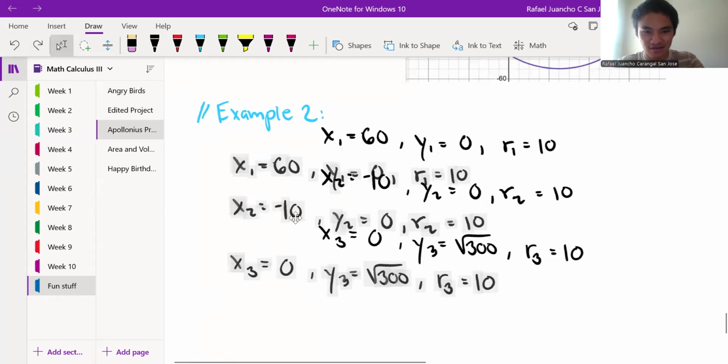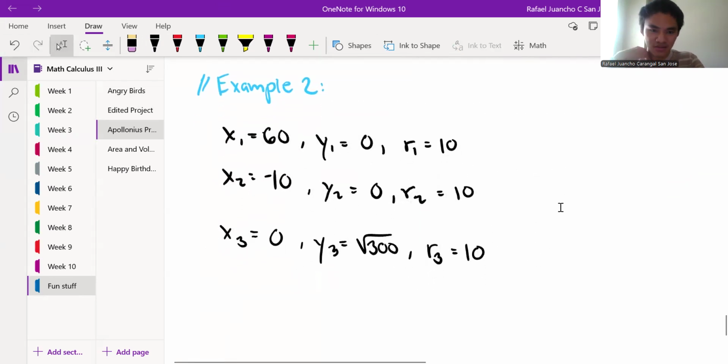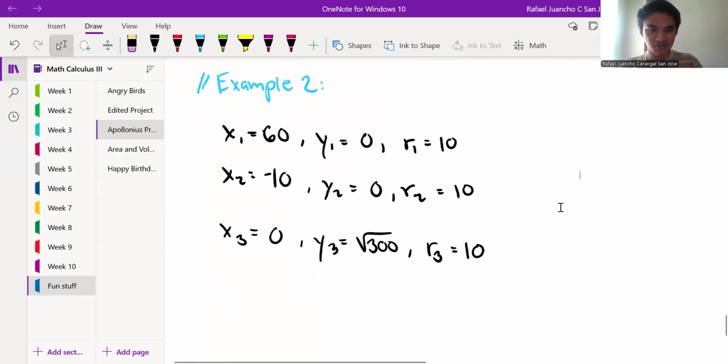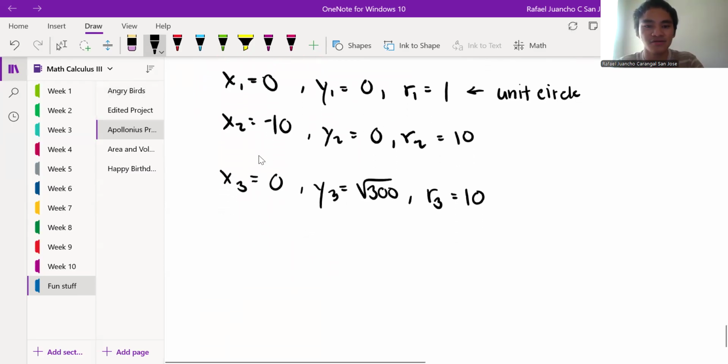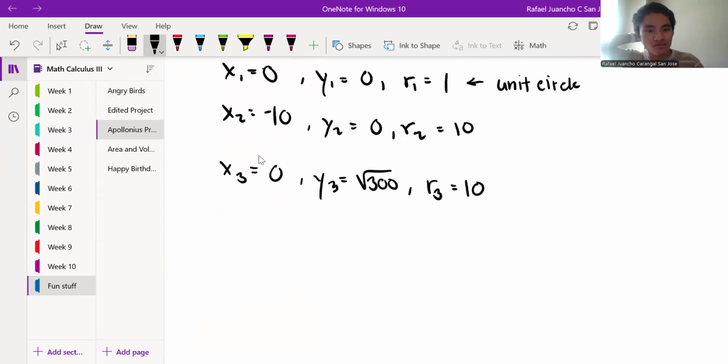So my X1, or my first circle, was the origin. So basically everything here was 0, and then this was 1, right? So this is a unit circle centered at origin. For my next circle it was 4, 0, 4.